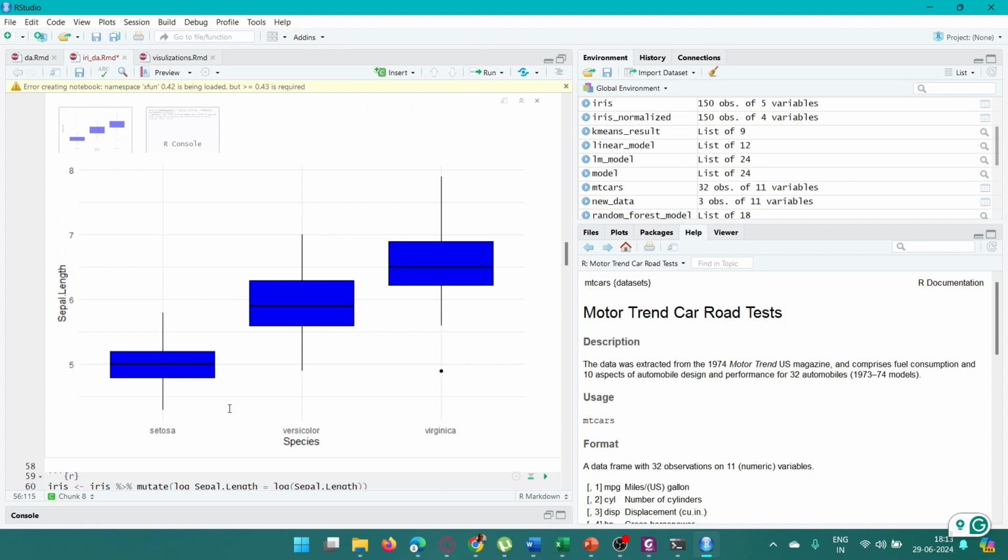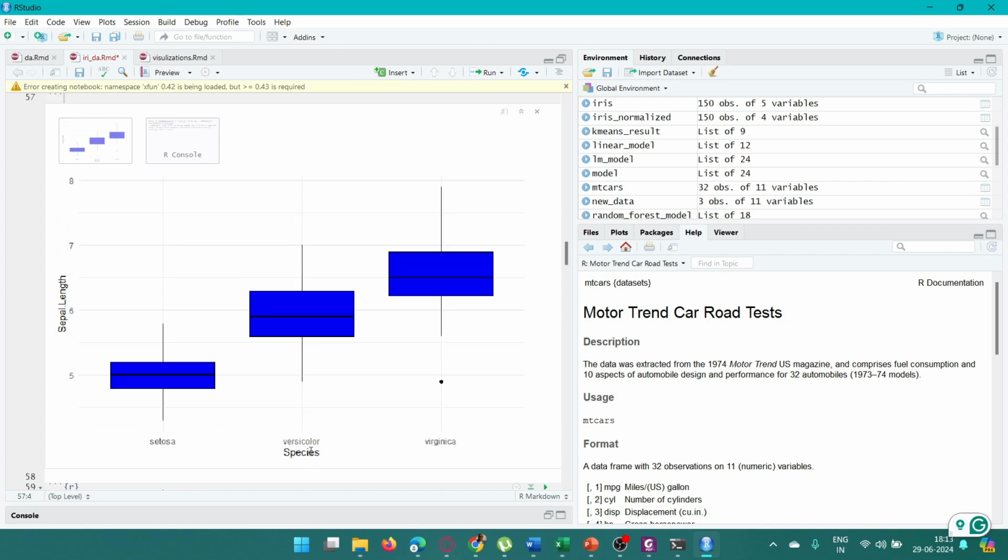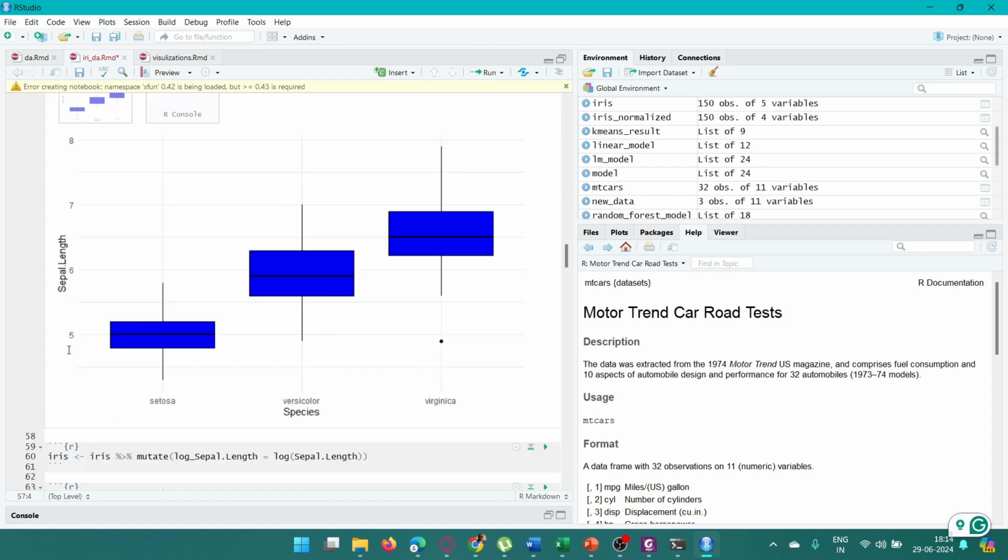You can see that on the x-axis the species types are given: setosa, versicolor, and virginica. For each category, the sepal length range is given here with a box plot. For example, if you take Setosa, the very minimal value is here and the median value is 5.